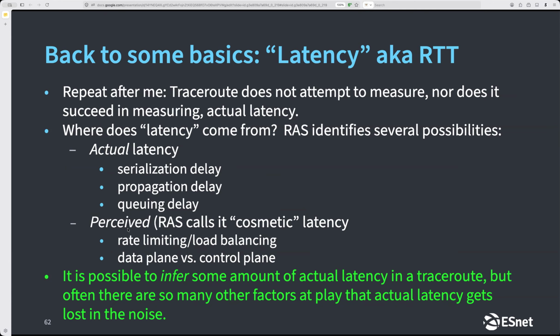Okay, so that's DNS. Now let's talk about the RTT, the really difficult subject here, the elephant in the room, if you will. RAS does a really good job of separating between actual latency and perceived, or I call it perceived, he calls it cosmetic latency. And there are three components that he identifies to actual latency, and that's serialization, propagation, and queuing delays. Serialization delay is essentially how big the pipe is to force the bits into it.